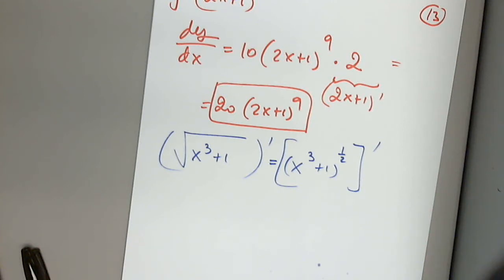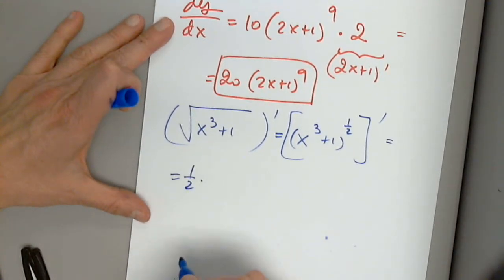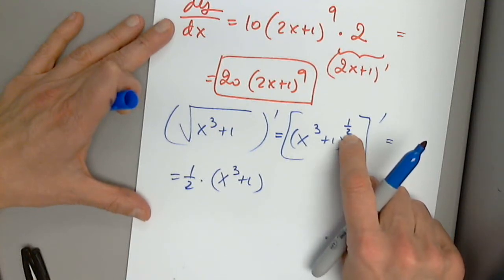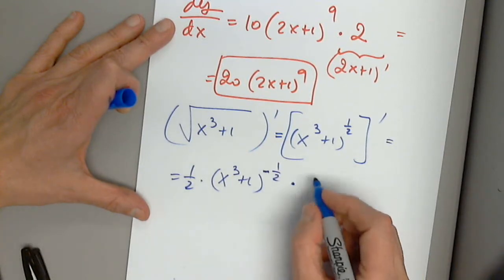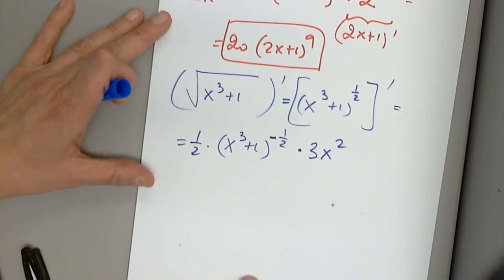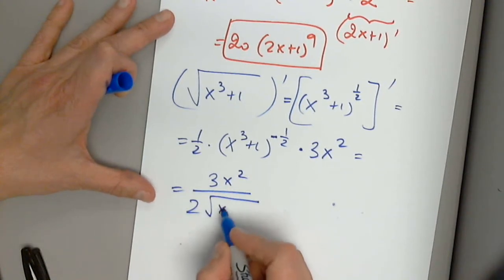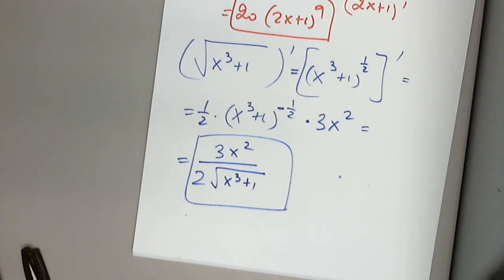We bring 1/2 in front. We subtract 1 from the power times the inner function prime. So 1/2 times x cubed plus 1. When I subtract 1 from 1/2, what do I get? Very good. Times the inner function prime. How much is this prime? Very good, awesome. So simplified, 3x squared over 2, the square root of x cubed plus 1. And that is final.